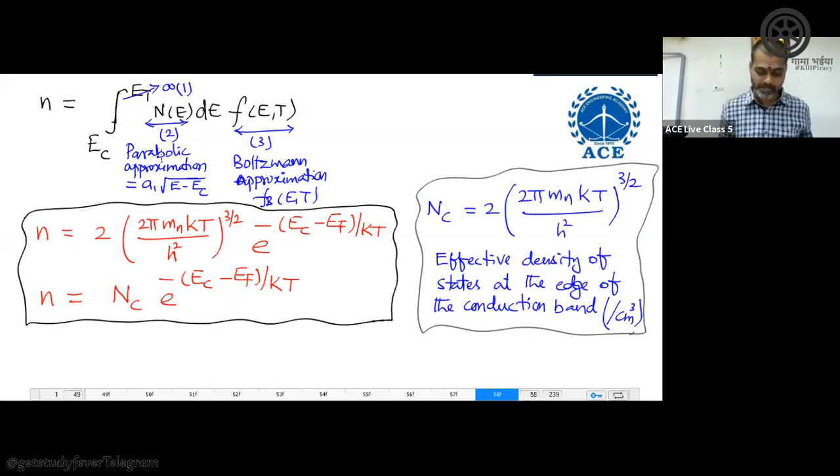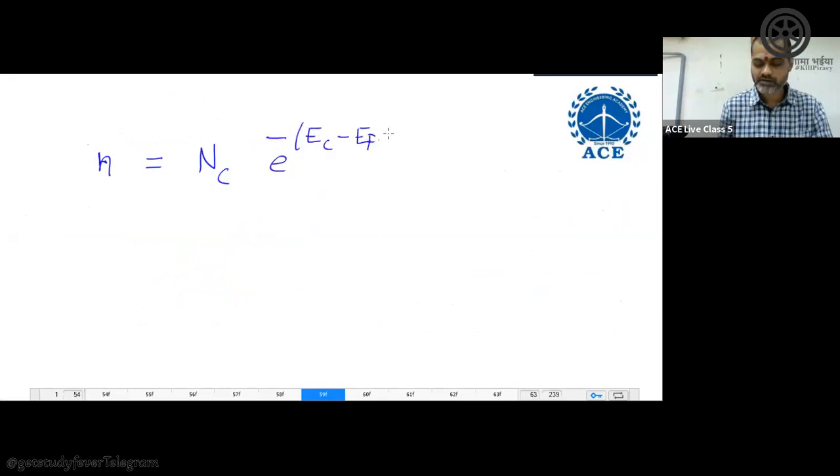Now, mathematically, whatever equation we got is fine. Now try to understand what each term is going to represent physically. Please concentrate. What we got is n is equal to Nc into e power minus (Ec minus Ef) divided by kT.